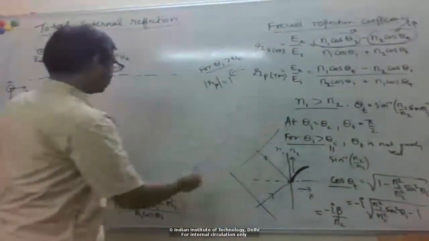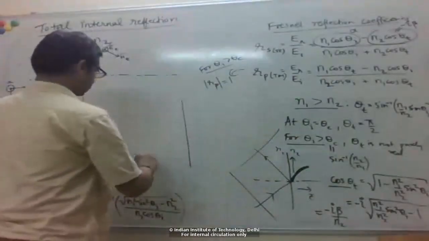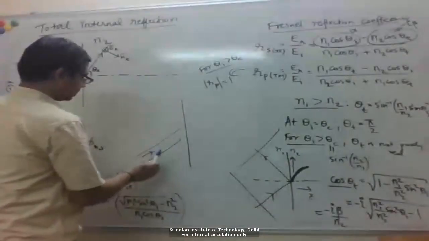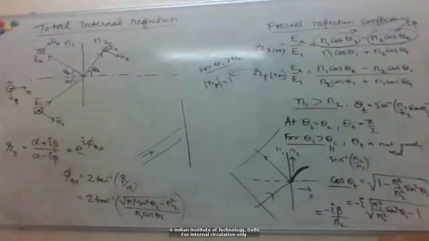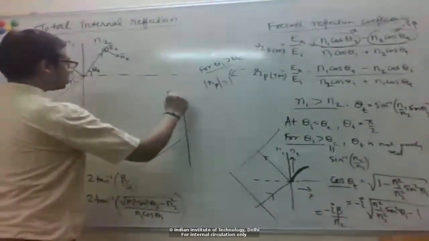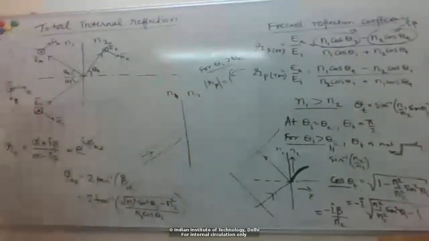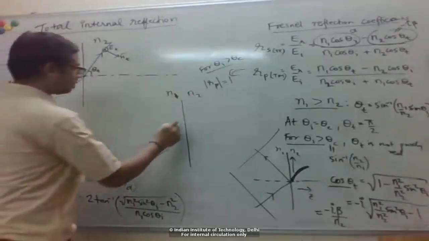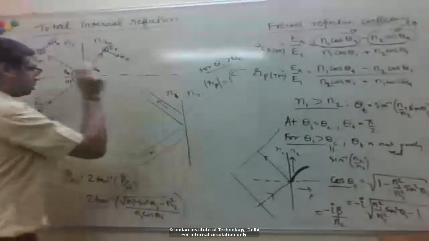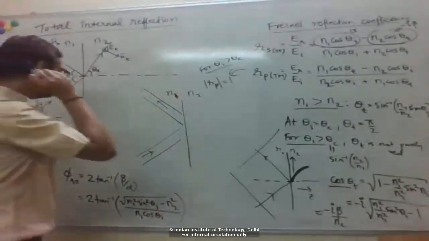So instead of a plane wave, let's say we had just a beam, a more realistic situation, like a beam with a finite cross-sectional area incident onto the interface, right? Of course, you expect the beam to be reflected.